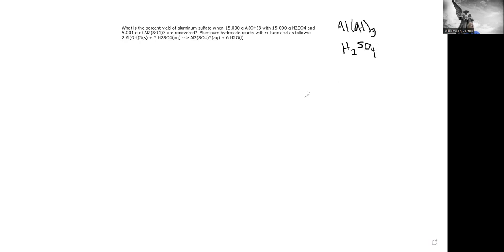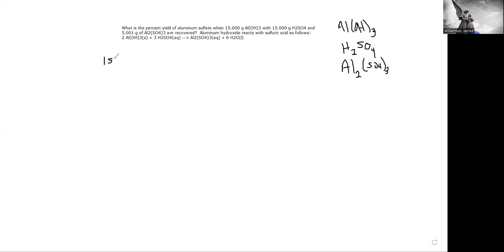That's what that means. And 5 grams of Al2(SO4)3 are recovered. So what I have to do is first find out which one is the limiting reactant.